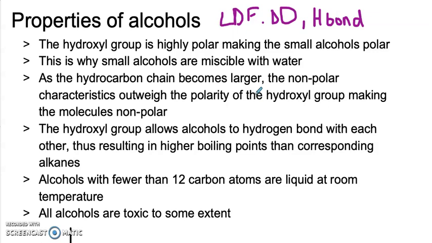So little ones are polar and will dissolve in water. Big ones are not polar and are either going to be soluble in hexane if they're aliphatic, or they're going to be soluble in benzene if they're aromatic, okay?